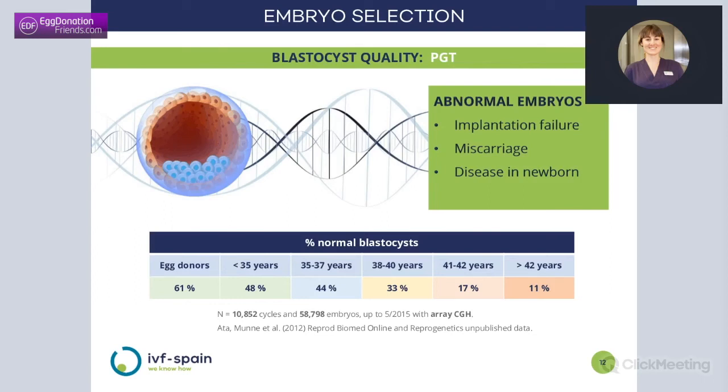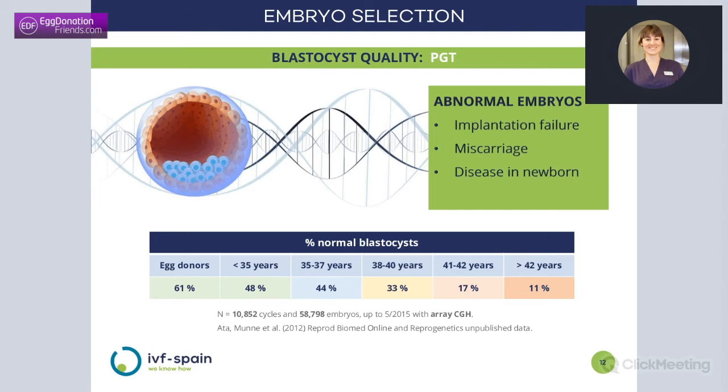So why do we do this? What would happen if you would transfer an abnormal embryo? Abnormal embryos, in most cases, do not implant. If they do implant, they mostly will lead to a miscarriage, and in a small percentage of cases, it could lead to a viable pregnancy of a baby which would be carrying a disease.